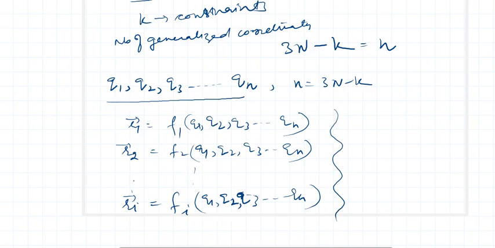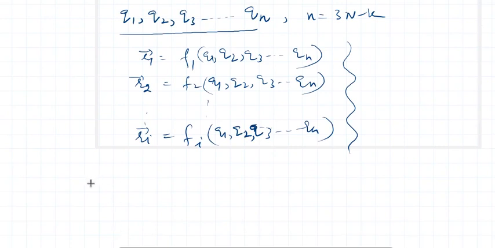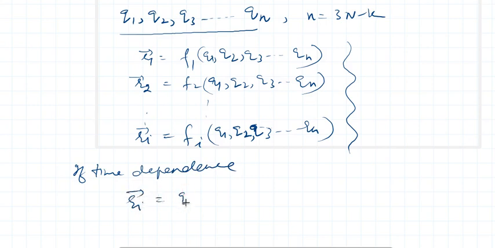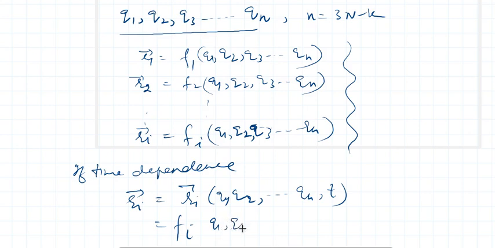And if there is time dependence, if the constraint is time dependent, then Ri can be written as a function of q1, q2 and so on up to qn comma t, or simply you can represent it as fi of q1, q2, qn and t.